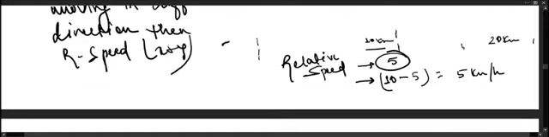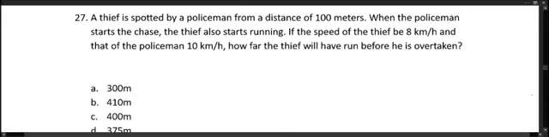So this was all about relative speed. Now we will proceed towards our question.